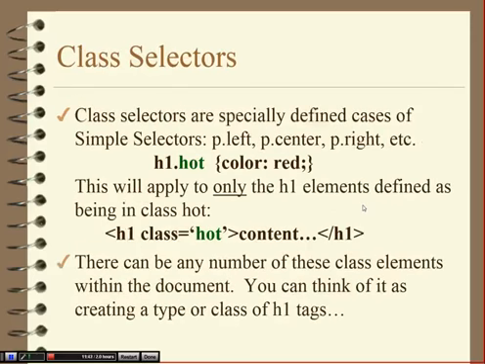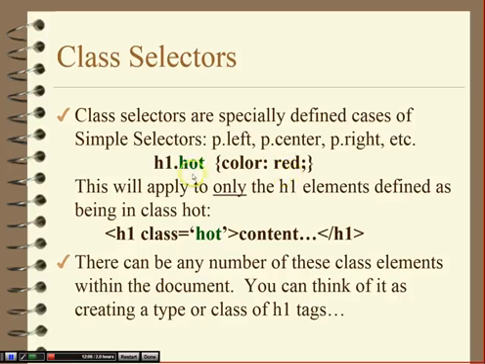Okay? Then we have class selectors, and basically to use a class selector, I create a class name and I use a dot to separate the elements. So this is a type of H1, or we could say a class of H1. Okay? So here I have one called hot, and I'm simply going to set the color to red.